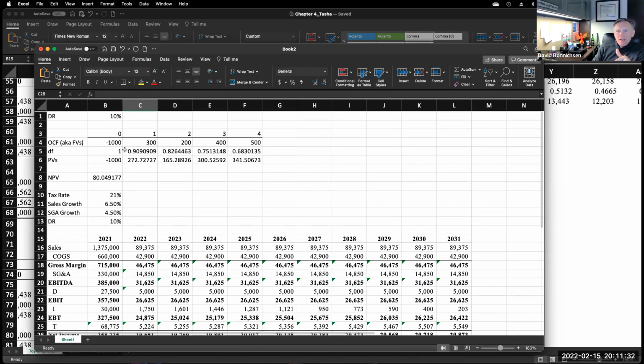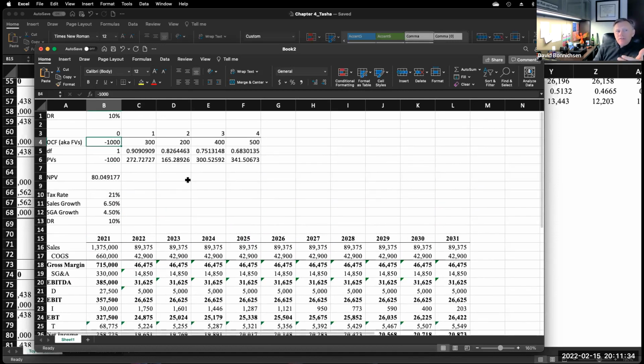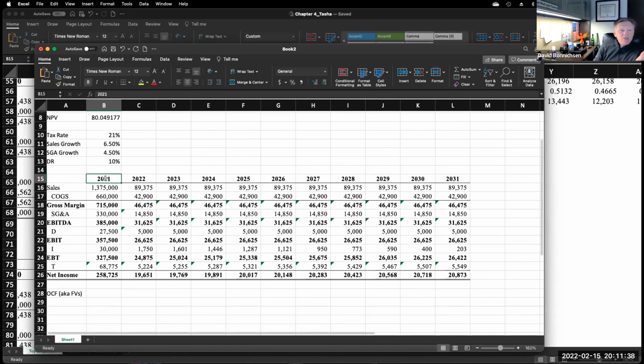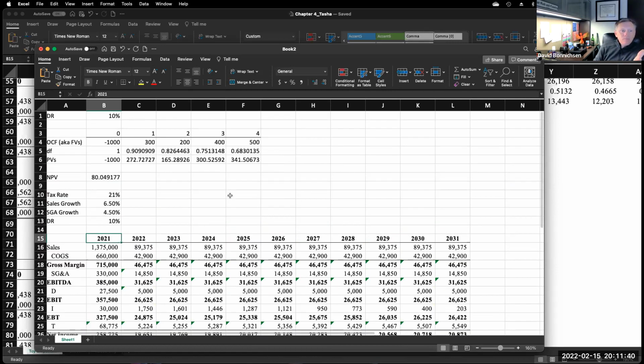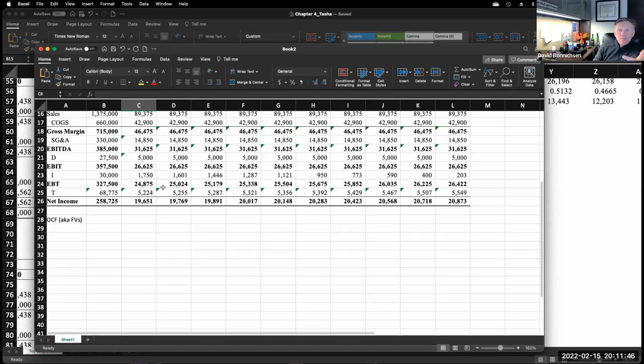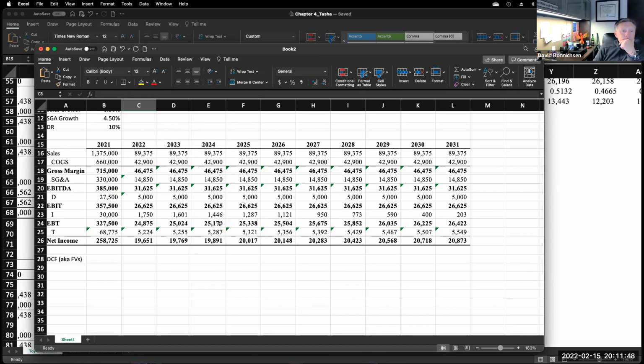So just like in this example, we were asking the firm for money in year 0, 2021 is kind of like our year 0, right? So how much are we asking from our firm in the case of Tasha to get this project up and running? What does the case tell us?